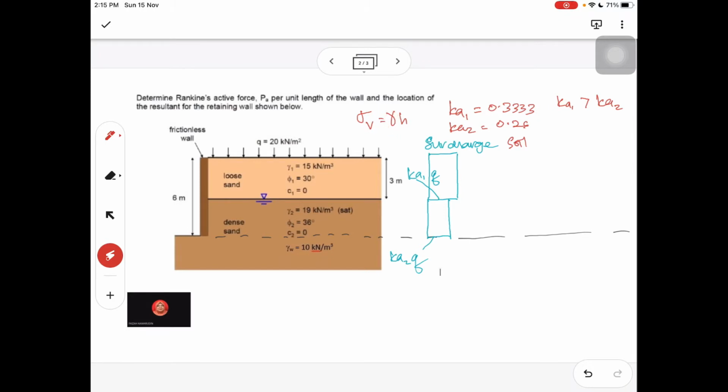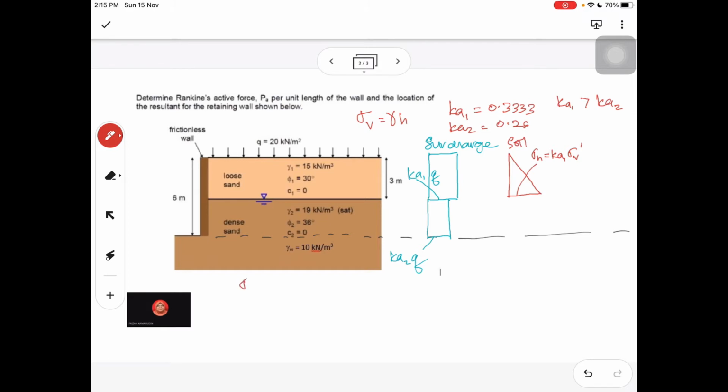For soil layer 1, sigma H equals Ka1 sigma V. And what is the sigma V for layer 1?